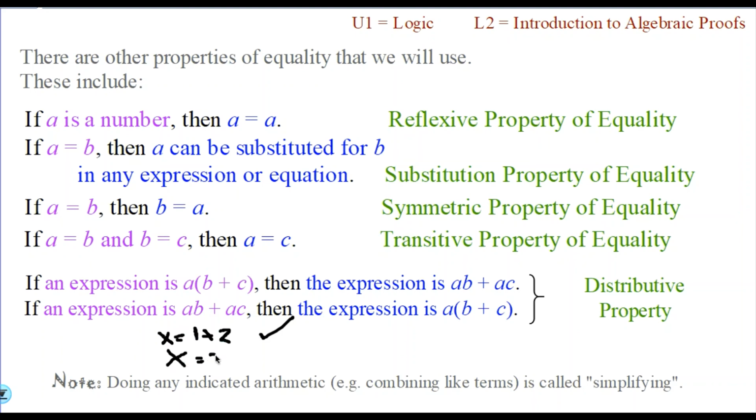You're not really using a property of equality, you just know 1 plus 2 equals 3, so you did that arithmetic. You just simplified. So over here in your proof, you just say, I just simplified. So that's what this note down here is.